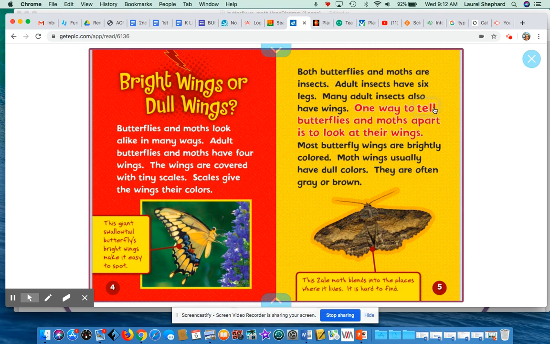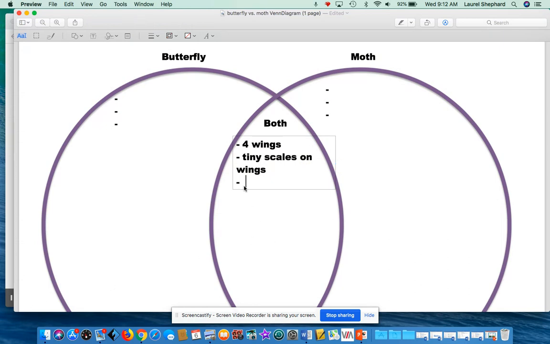Okay, I'm going to pause, and I notice it says they both are insects, they have 6 legs, and they have wings, which we had already written. So I'm going to say down here in both, they are insects, and they have 6 legs, which is true of all insects. Okay? You can pause the video at any time if you need more time to write things down.